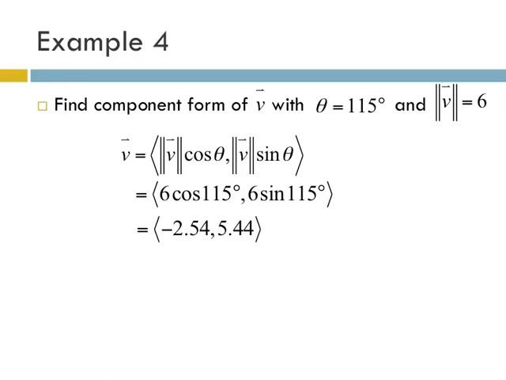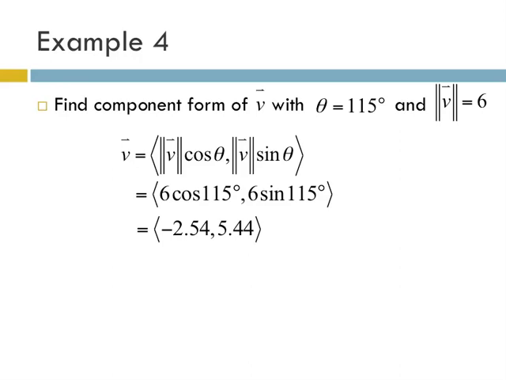And 6 times sine of 115 is equal to positive 5.44, which is what we expect in terms of the negatives and positives, because if theta is 115 degrees, it must be in quadrant 2, and in quadrant 2, x is negative, y is positive. So if you do it this way, you'll get exactly the correct positive and negative signs.